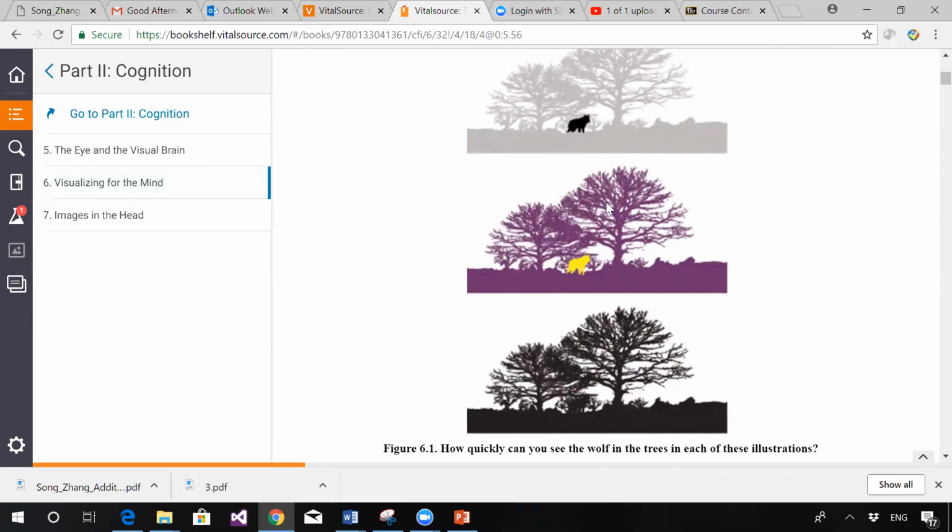Between these two pictures, they seem quite identical to me, maybe this one is a little more clear, and this one a little bit less clear. But still, this picture makes me feel there seems to be no wolf over there.